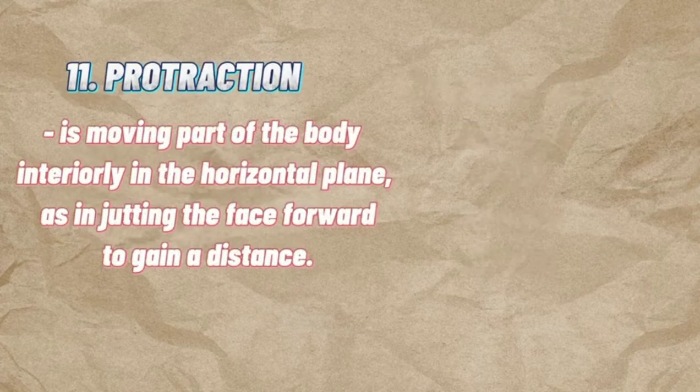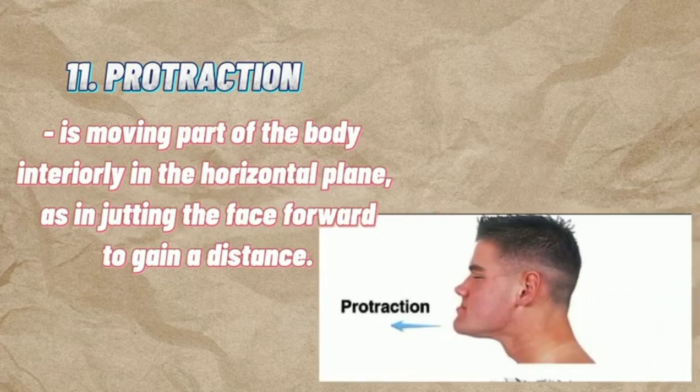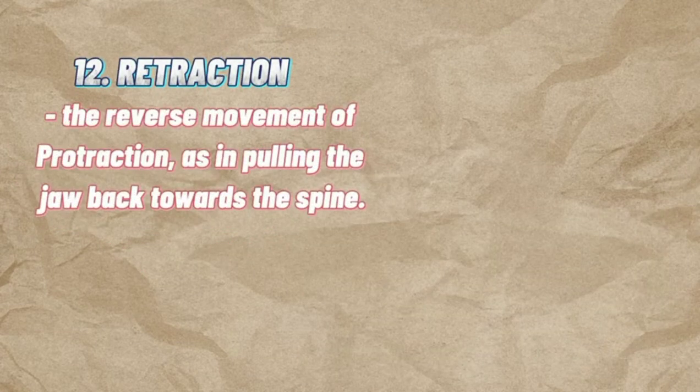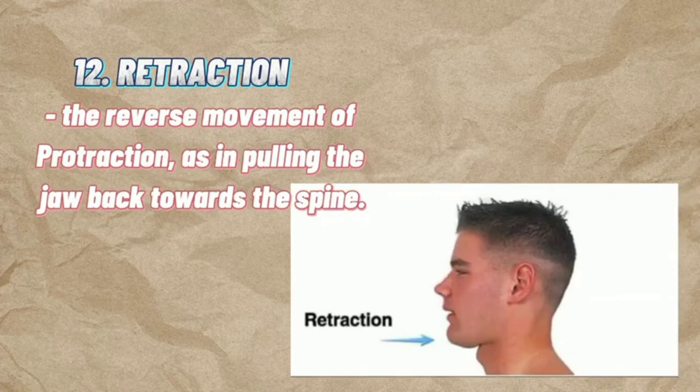The 11th movement is protraction. It is moving a part of the body anteriorly in the horizontal plane, as in jutting the face forward to gain distance. The 12th movement is retraction, the reverse movement of protraction, as in pulling the jaw back towards the spine.